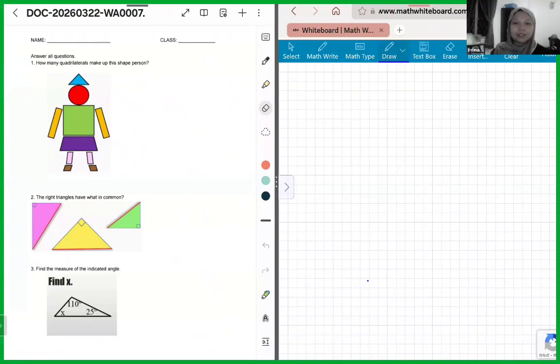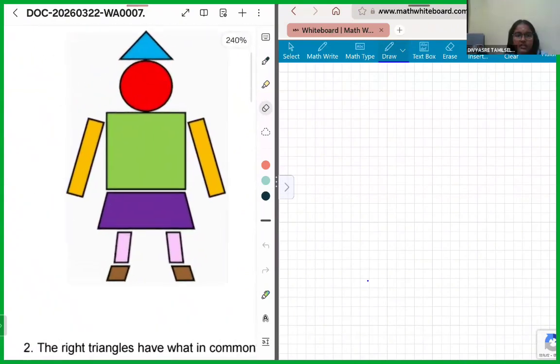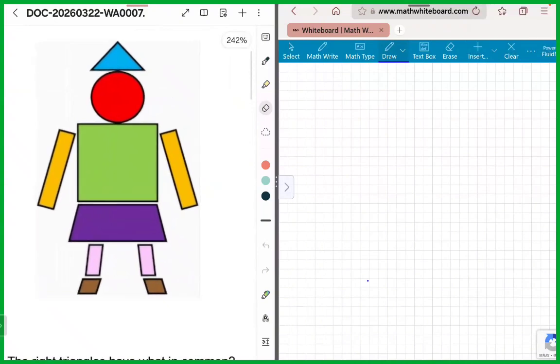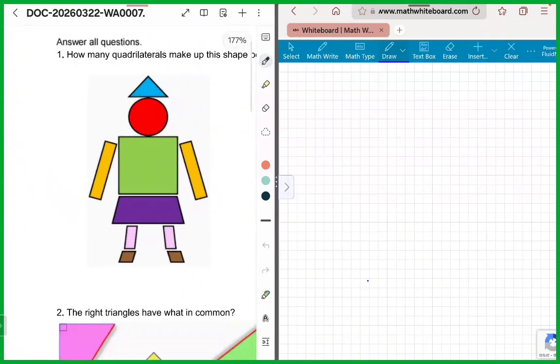My answer is also 7 because the circle doesn't count as a quadrilateral, like you explained earlier. Need to have shapes with lines only. Is it correct? No, think carefully. The answer is 8. Let's look carefully here.